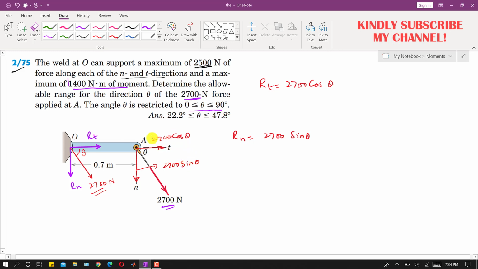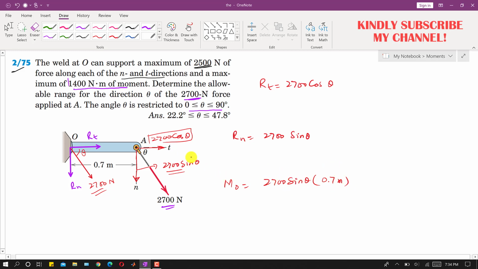Now as we can see that this component is passing through this point O, it will not produce a moment about point O, so only this sine component is producing the moment about point O. So the moment at point O due to this 2700 Newton force will be 2700 sine of theta into the perpendicular distance, which is 0.7 meters, right?